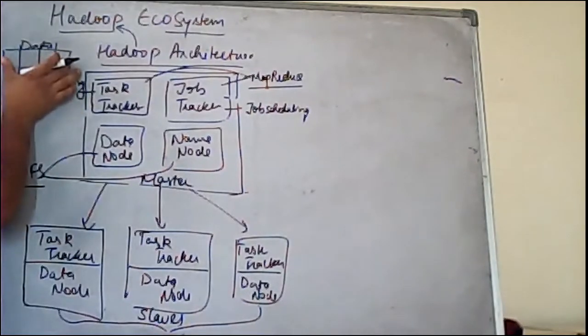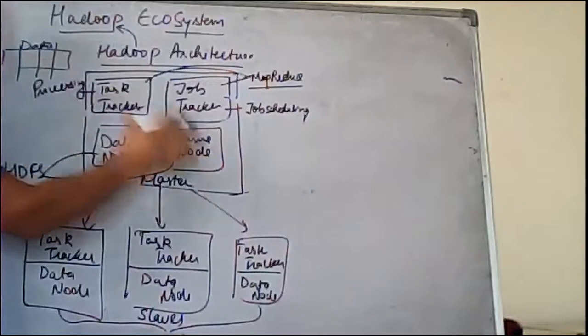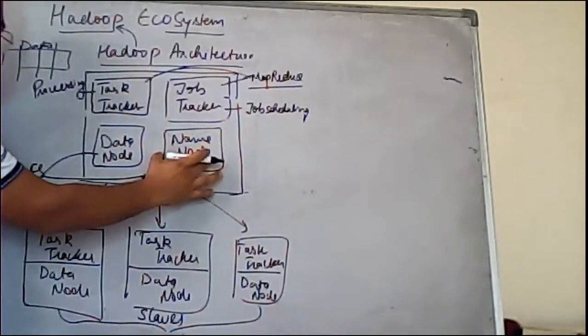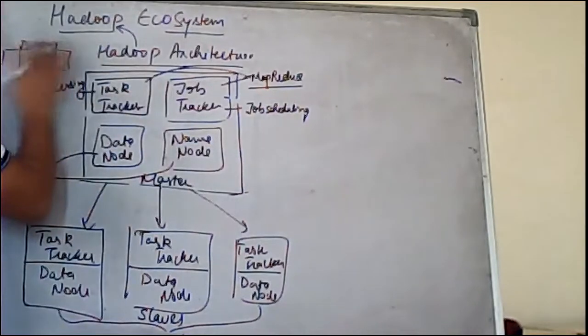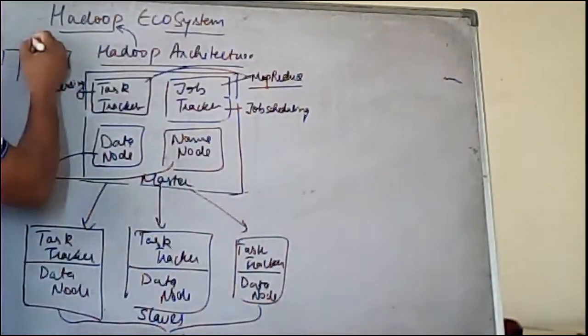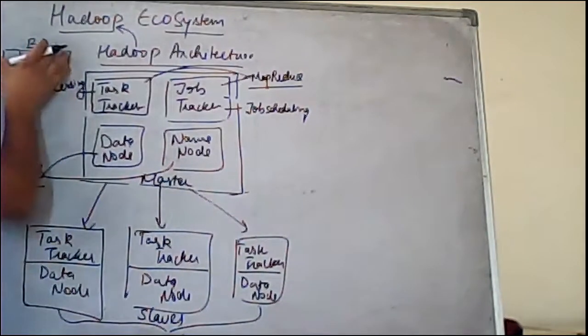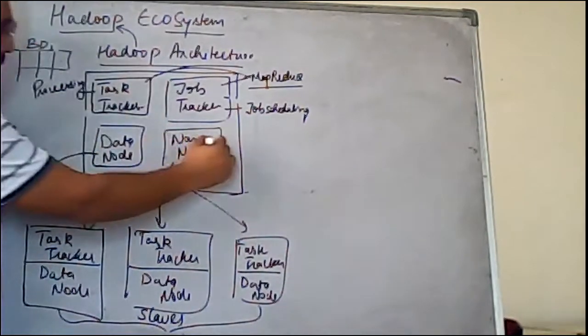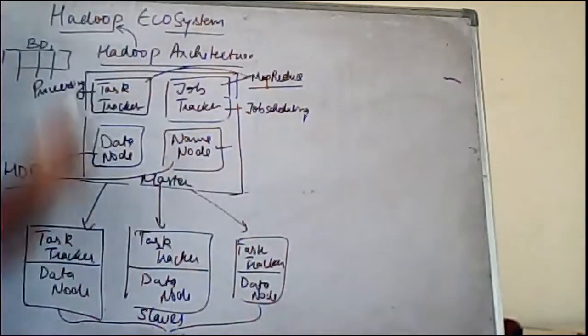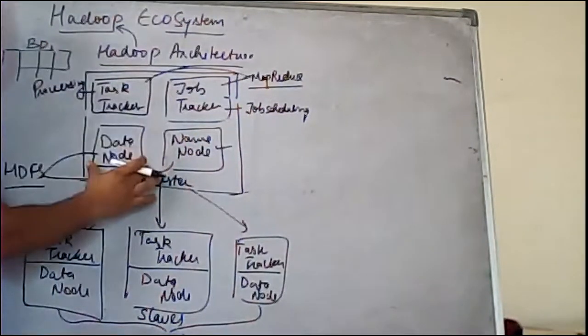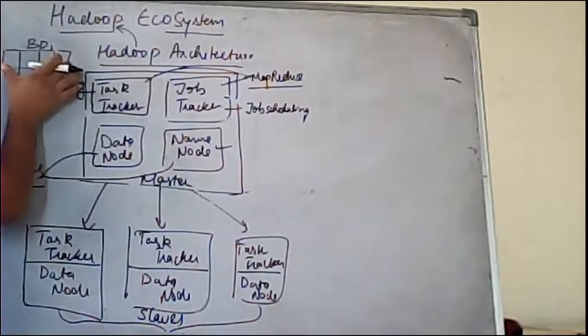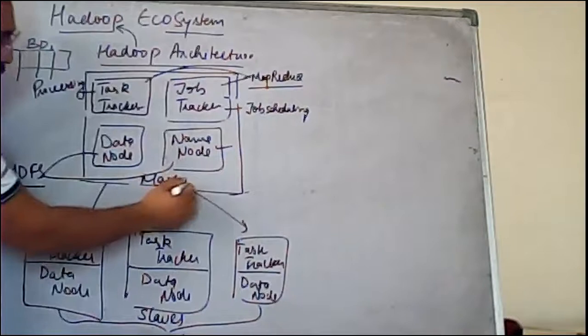All this data is first of all placed in your master node. The name node means I will give this data a name, it can be B1. This is allocated by the name node. Then this data will be stored in your data node as it is, without any distribution, in your master.